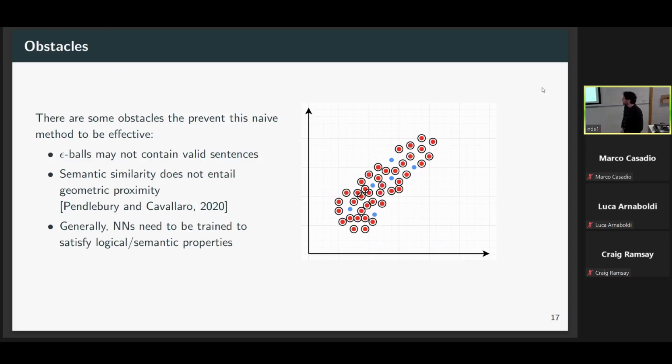We cannot do much about it, at least at this stage. And we have to take this into account when we try to verify. Also, generally neural networks are not very robust by default on normal training, so there is a need to be trained for safety, to satisfy logical and semantic properties.